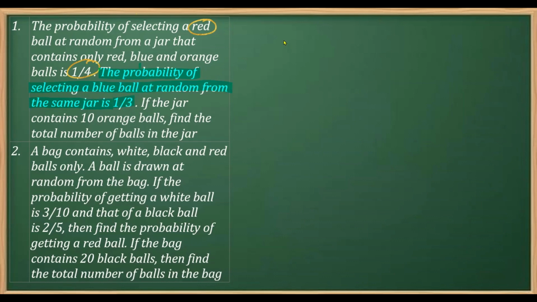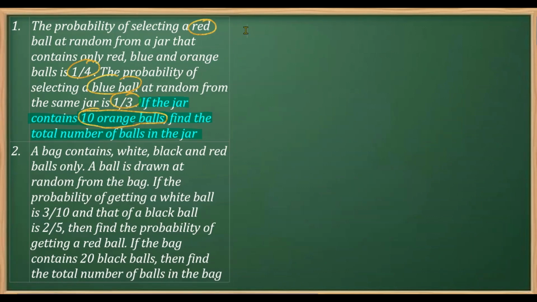So we even know the probability of drawing the other color ball, the blue ball, and that is 1 over 3. Further, it says if the jar contains 10 orange balls, find the total number of balls in the jar. So 10 orange balls is given, and we have to find the total number of balls.